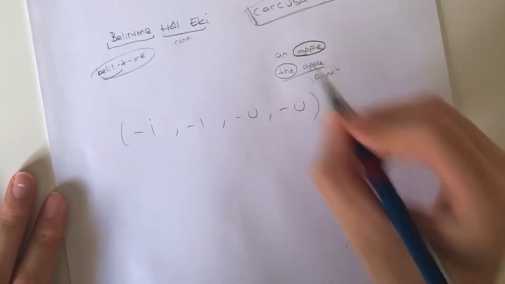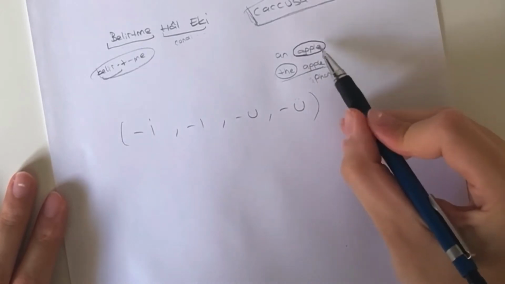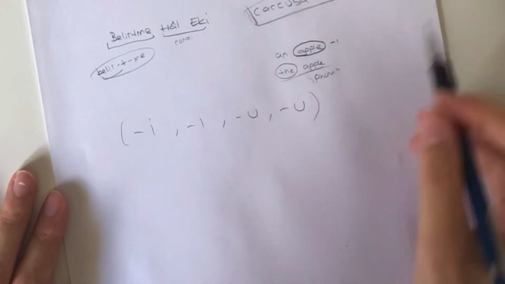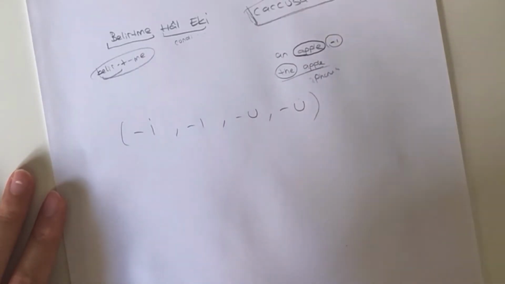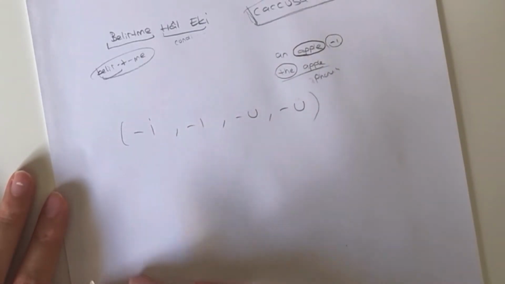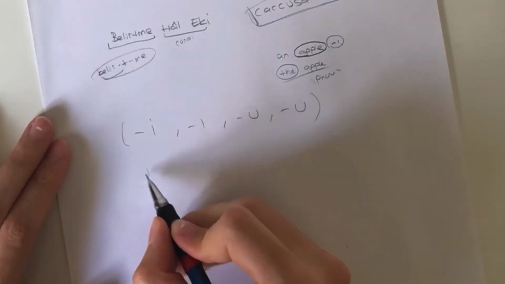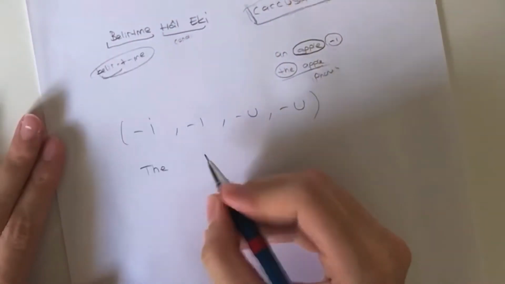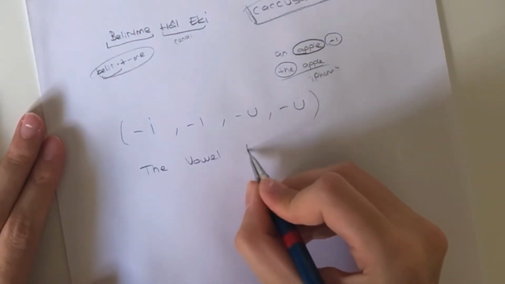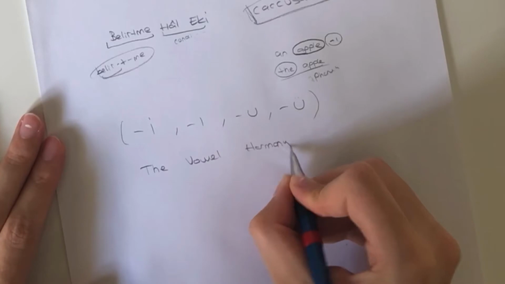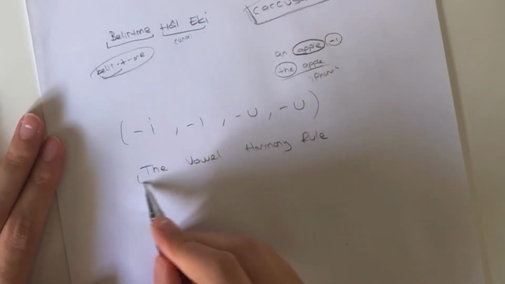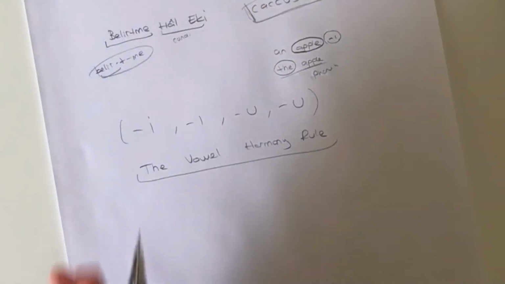If this was a Turkish name, we would add apple, l. But how did I know that I would add U out of these four? So let's learn it. It's basically the base of Turkish. It's the vowel harmony rule. Yes. So there is only one thing we do here.